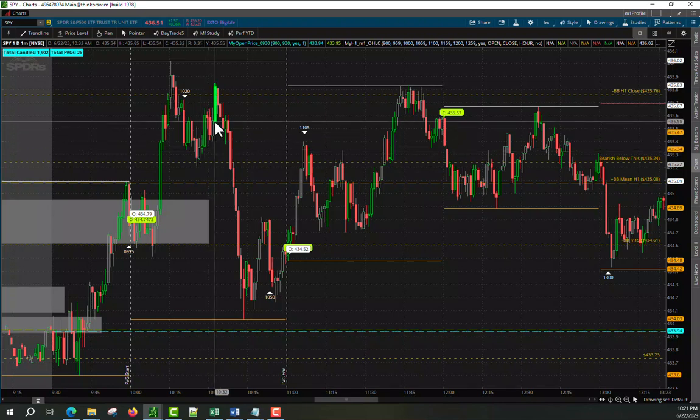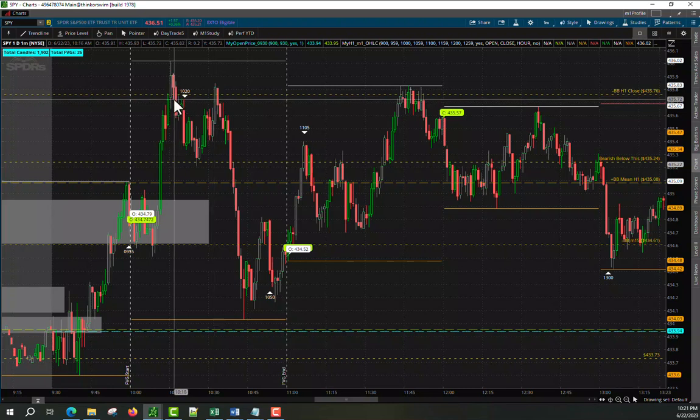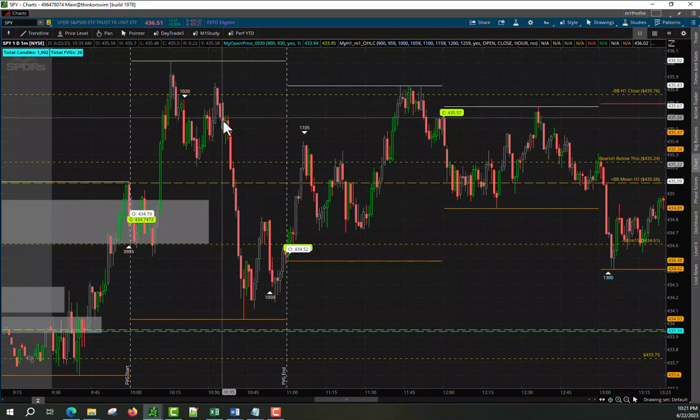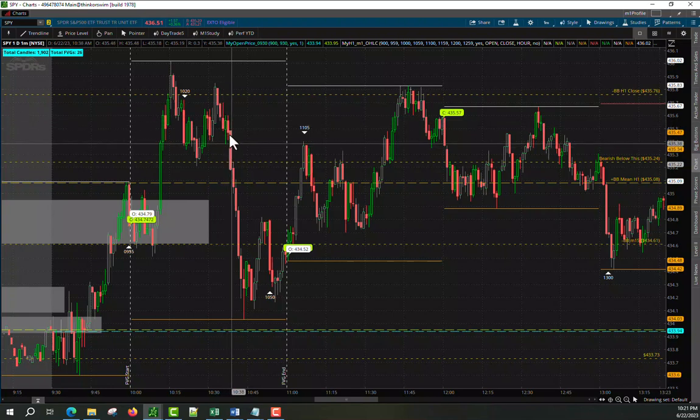But when it comes back here, it also retests this order block perfectly right there. You see, a big up-close candle, and the next candle, boom, goes down, down, down.